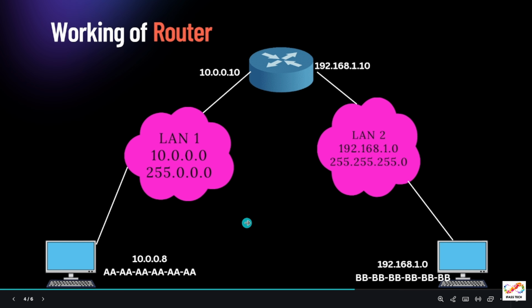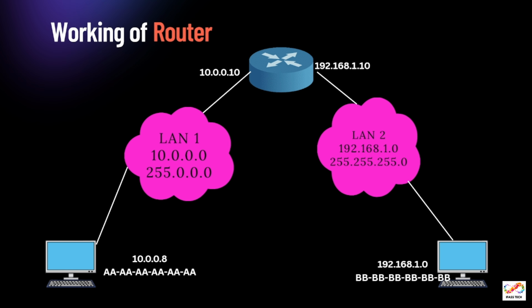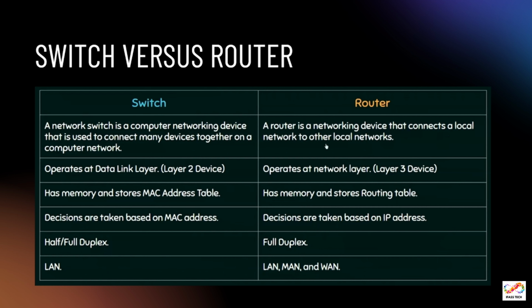I hope you understand how routers work. Now we will move to a summary of what is a switch and what is a router. A switch connects devices inside a LAN. A router connects a LAN to other networks. A switch is a layer 2 device and a router works at layer 3, the network layer.